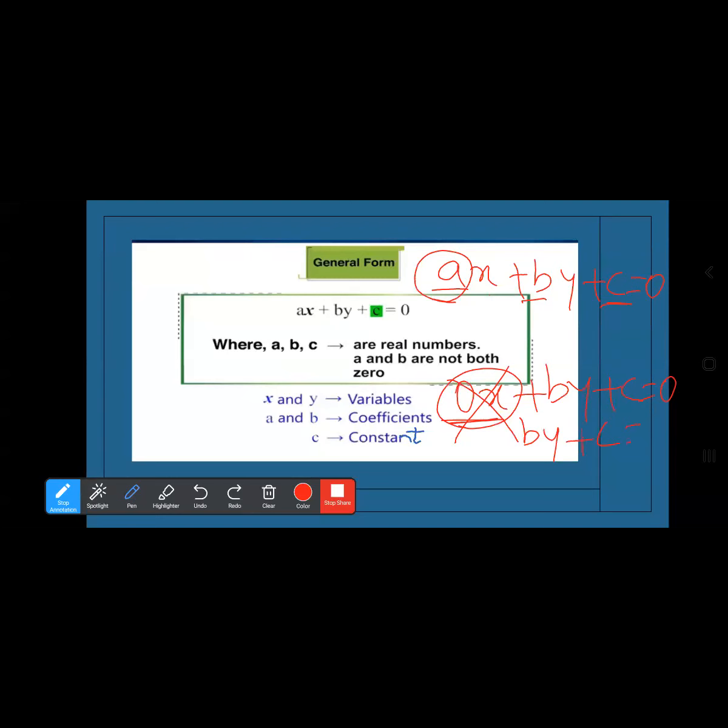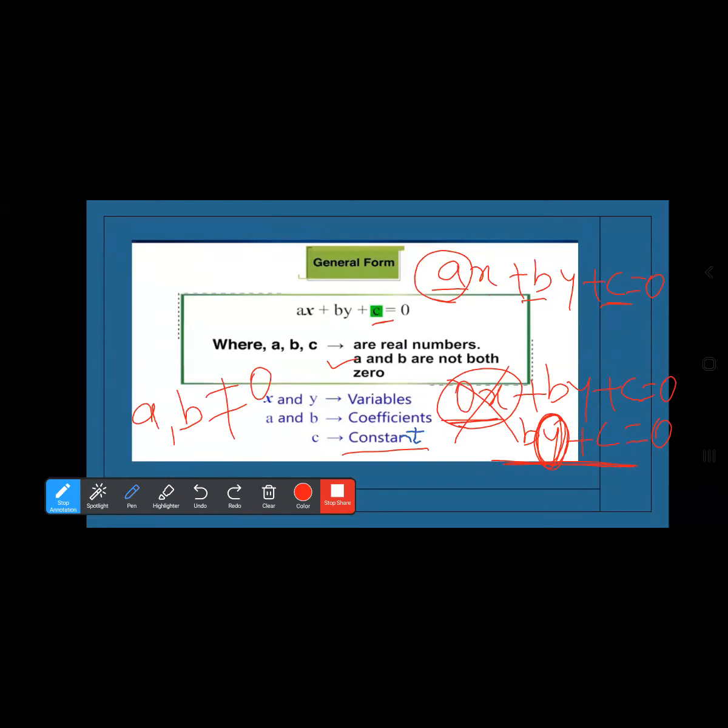So this particular equation we cannot call a linear equation in two variables. That's why the values for a and b should not be 0. And c is the constant term at the last, which I have marked with green over here.